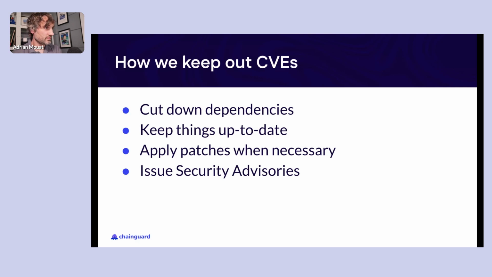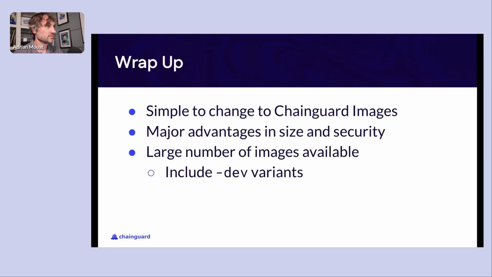Yeah, and how we keep CVEs out of our images, we can also issue security advisories. I realize that isn't going to be applicable to most of you. But it should be easy for all of you to change to Chainguard images, and there are major advantages, both in terms of security and in terms of size.